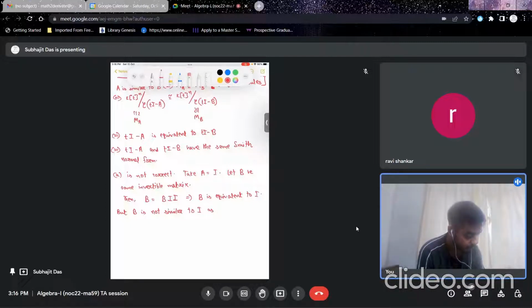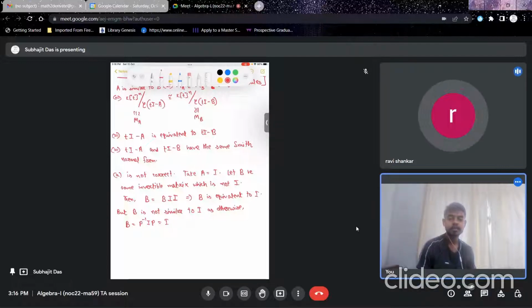I should also mention that I am taking B to be some invertible matrix which is not the identity. Can B be similar to I? No, right? As otherwise, B would be equal to some P inverse IP, which is equal to I.